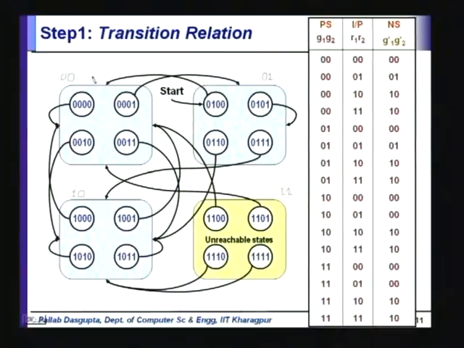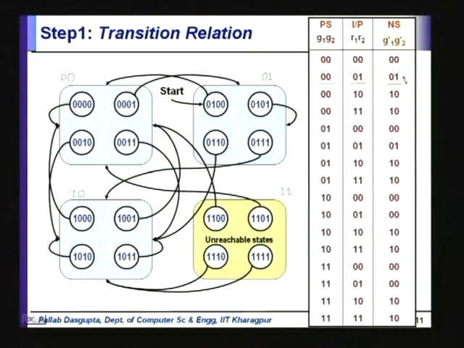So, for example, when you are in 0 0 and you get input 0 1, what are your possible next states? So, let us see, refer to this truth table. When you are in 0 0 and your input is 0 1, your next state is 0 1, okay, but what is the exact next state?